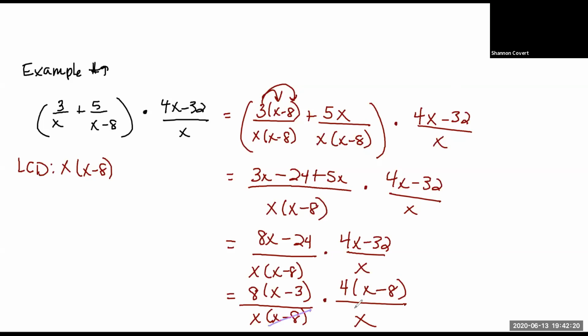I have x minus 8 in this denominator and x minus 8 in that numerator. And that's all I can simplify. So 8 times 4 is 32 times x minus 3 in my numerator. And x times x is x squared in my denominator. And that's as far as it'll go.